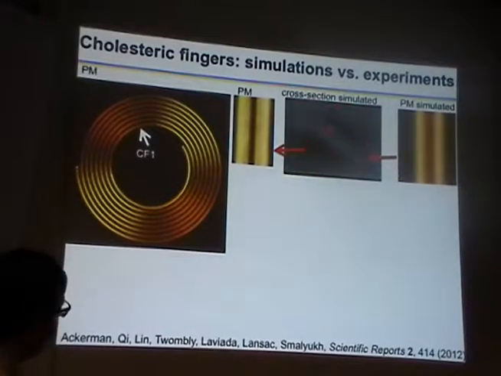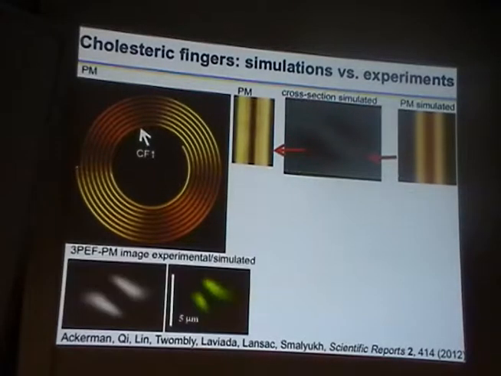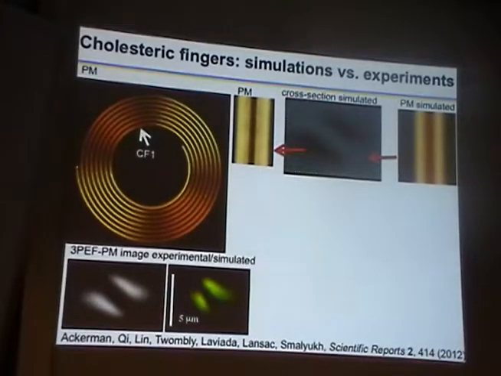Now, using this type of director field configuration in the cross-section, we can computer simulate the polarizing microscopy textures, and we can see them having similar appearance, although many things could appear like this, right? So it's good to see the qualitative agreement, but just that wouldn't be sufficient to prove this is exactly what we have in the sample. However, it's good that we were able to reconstruct also similar field configuration from experiments.